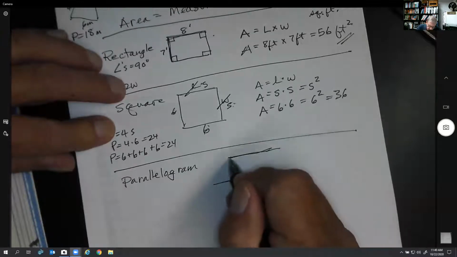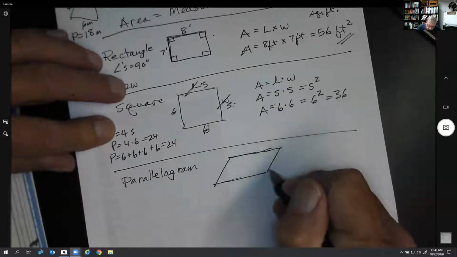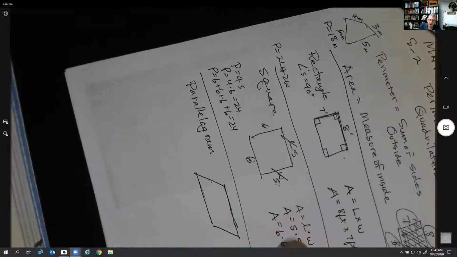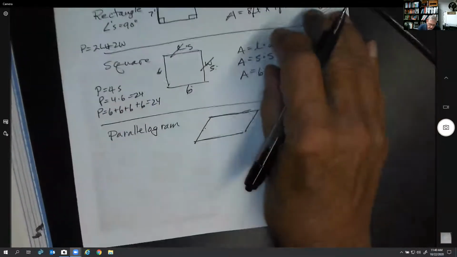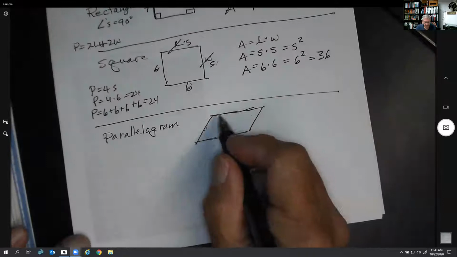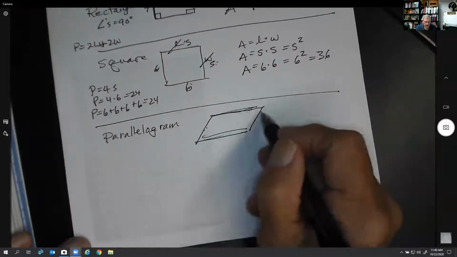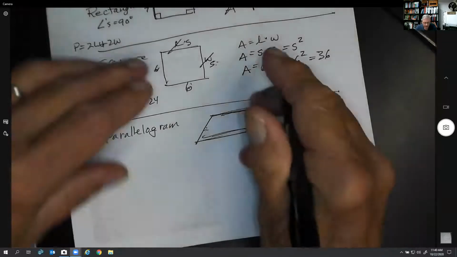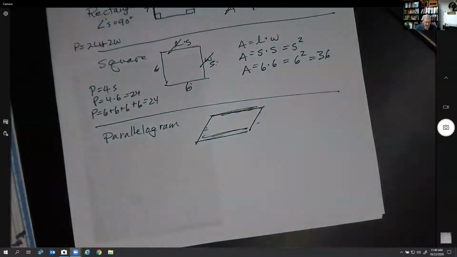And then you have a side here and a side here, and these sides are parallel to each other. That's why they call it a parallelogram. The base and the top are parallel, the sides are parallel to each other. But it looks kind of like a rectangle that somebody sat on.